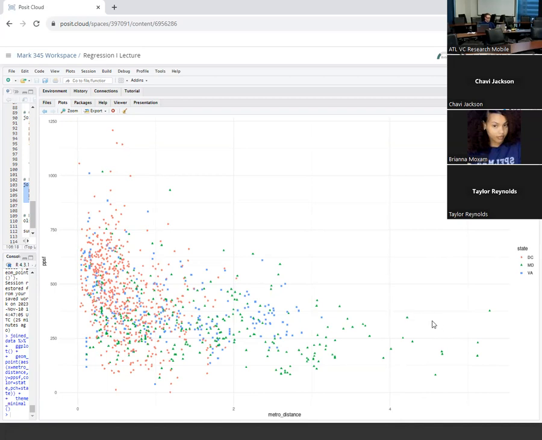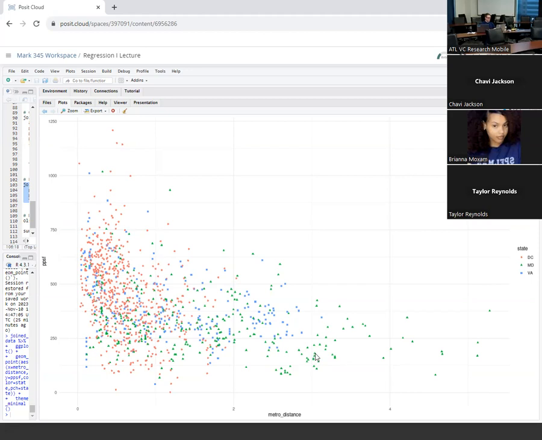So in my sample, all of the properties that are 4 miles or more away from the metro are located in Maryland. In fact, I can almost conclude that every property in my data set that's 3 or more miles away from a metro stop is located in what area? Maryland.